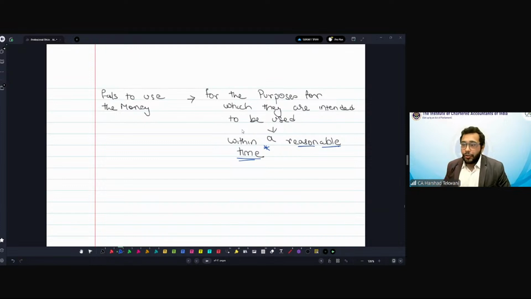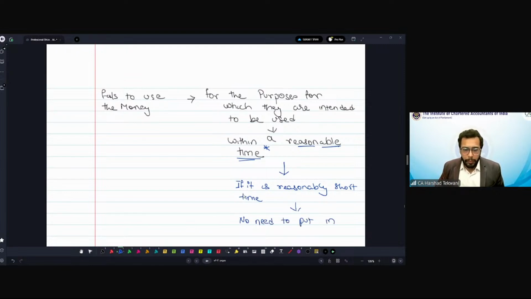Absolutely correct. So if it is a reasonably short time, then there is no need to put it in a separate bank account. But if you do not use that money within that reasonably short time, it will be said that you failed to use the money and clause 10 will get attracted.